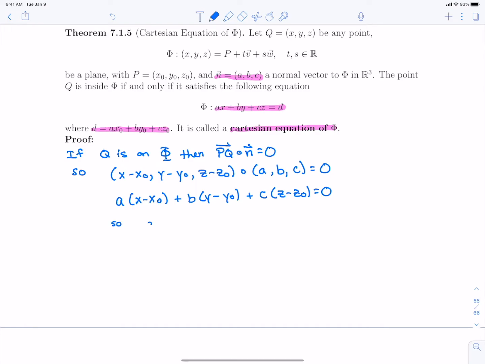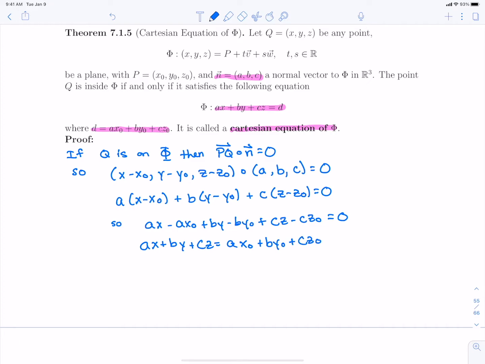So I'll have ax minus ax naught plus by minus by naught plus cz minus cz naught equals 0. But I'm going to collect all the positive values, and I'm going to take all the negative values to the other side, giving by naught plus cz naught.